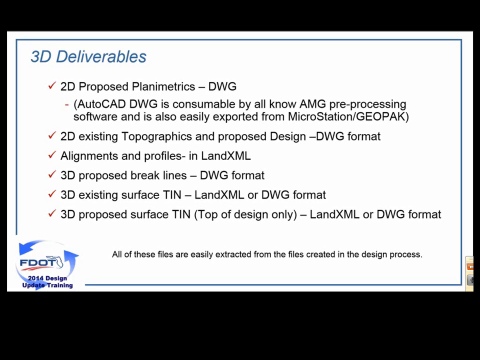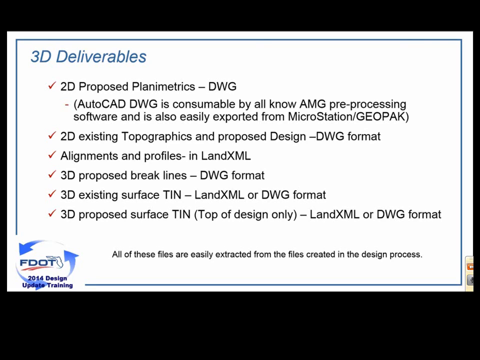The 2D existing topographics, so your TopoRD, your UTEXRD, your DREXRD, your various topographic files, would also be saved out in a DWG format so they can be used in the equipment. Alignments and profiles would be saved out to a LandXML file that can then be imported in the construction software.